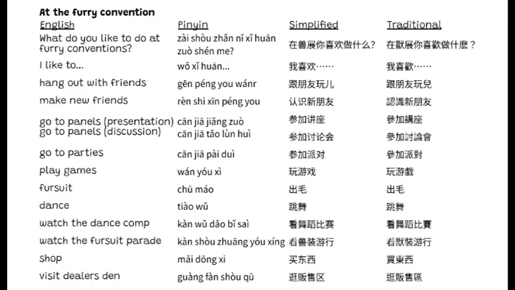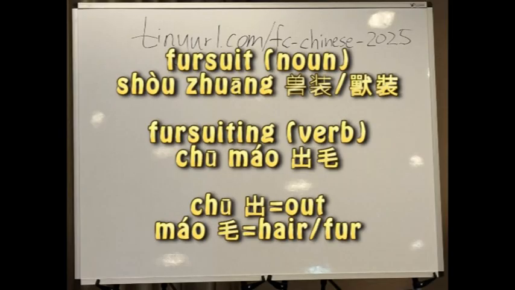And okay, let's talk about a very interesting one. 出毛. So fursuit as in the verb, like you like to fursuit, not as the noun, but as the verb. In Chinese, they invented their own way of saying that, which has nothing to do with suit anymore. 出毛, where 出 means out and 毛 means fur.